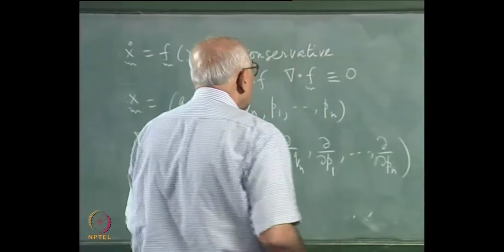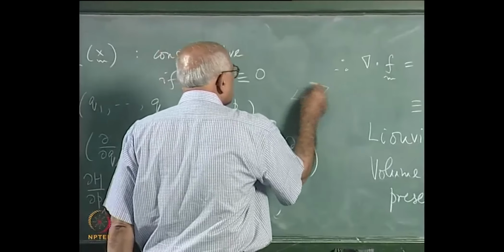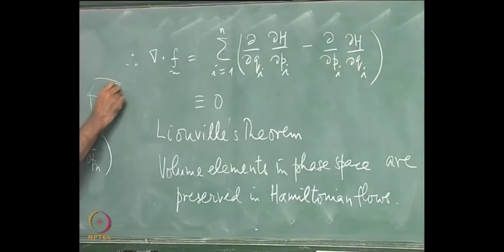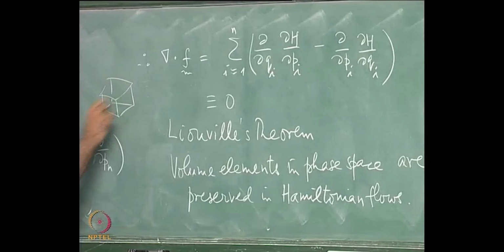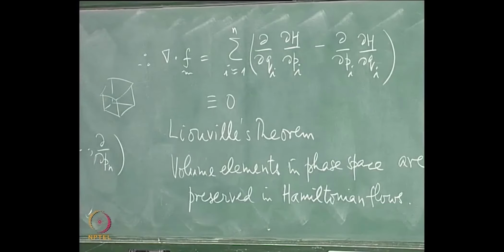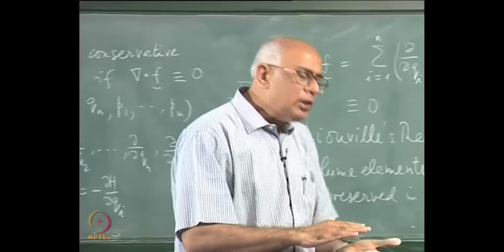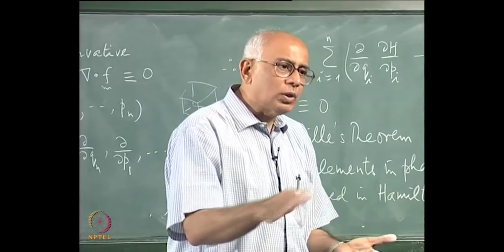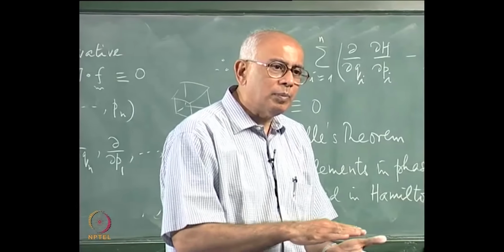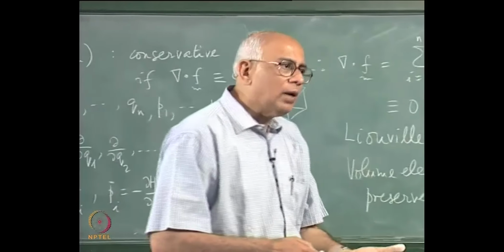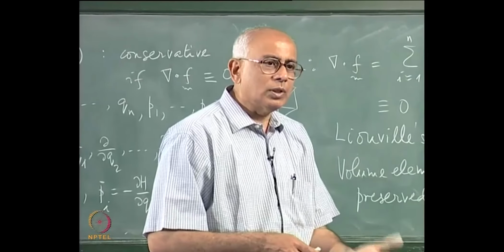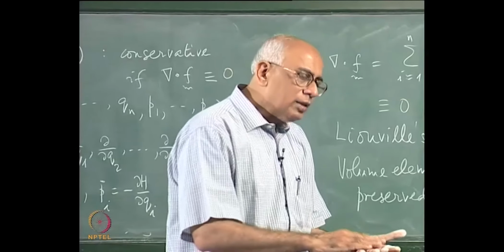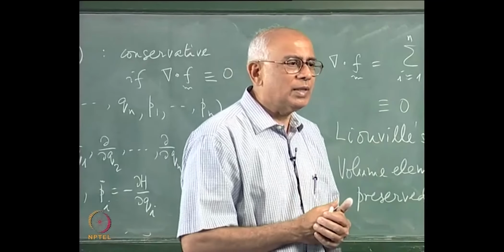For instance, schematically you have some volume element of this kind in 2n dimensional phase space. You could project this volume element onto each QP plane. So I take each Q and its conjugate P, and that forms a 2-dimensional plane, and I project the shadow of this onto this QP plane, and I take the sum of all these shadows of these areas.